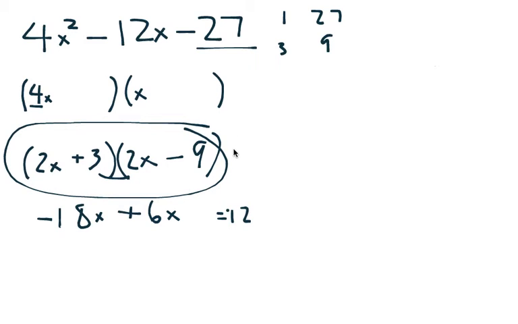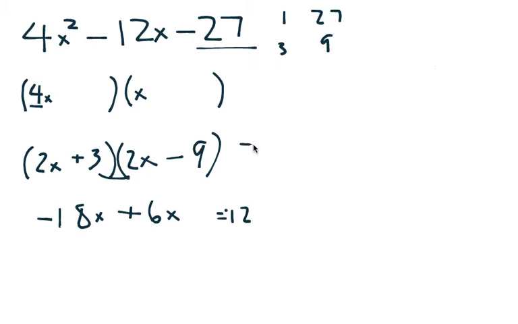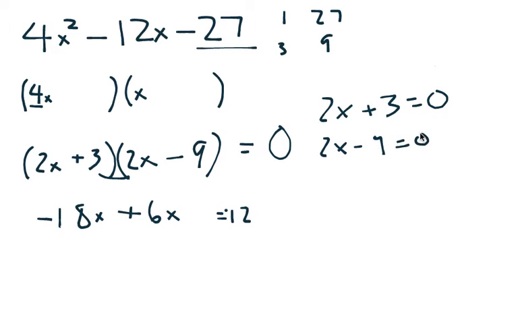And if we were to set it equal to 0, like some problems were, you'd set each of these equal to 0. So 2x plus 3 equals 0, and 2x minus 9 equals 0. We're going to move this 3 over, and then divide by 2.